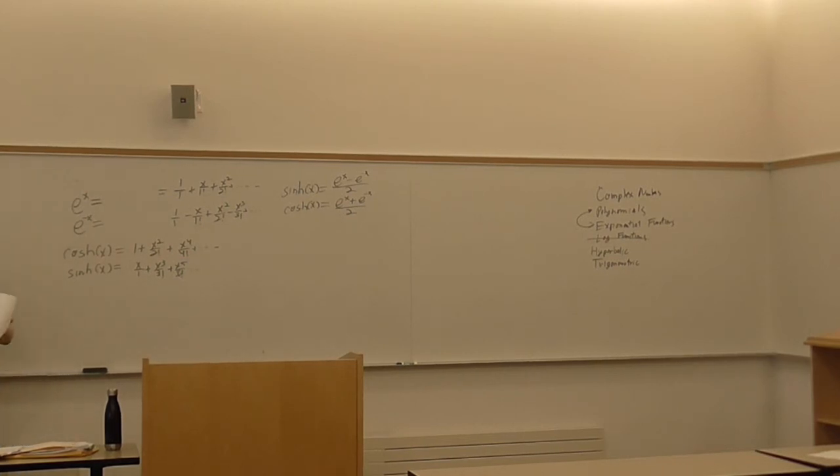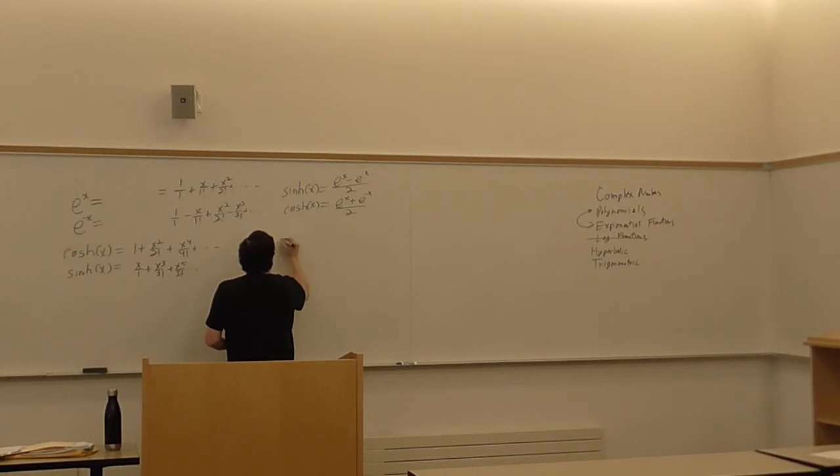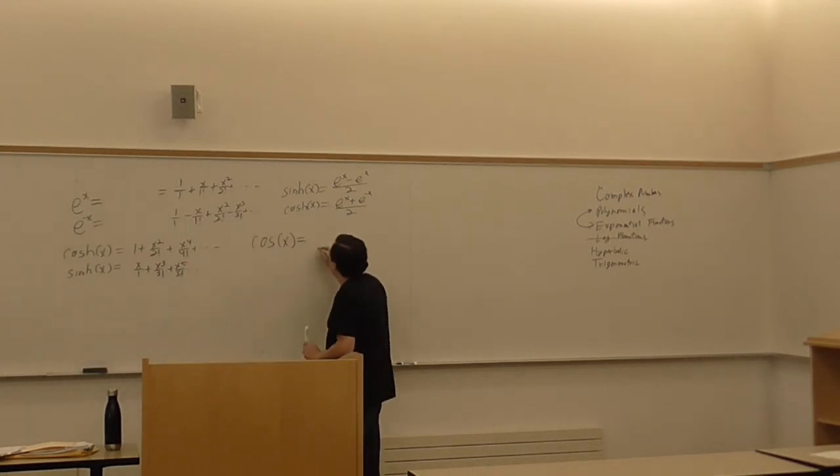I have enough time to bring this home. So now I have to just tell you something that you'll have to take my word for now. It turns out we have a very interesting set of expressions for our trig functions. The cosine of x looks very much like this.